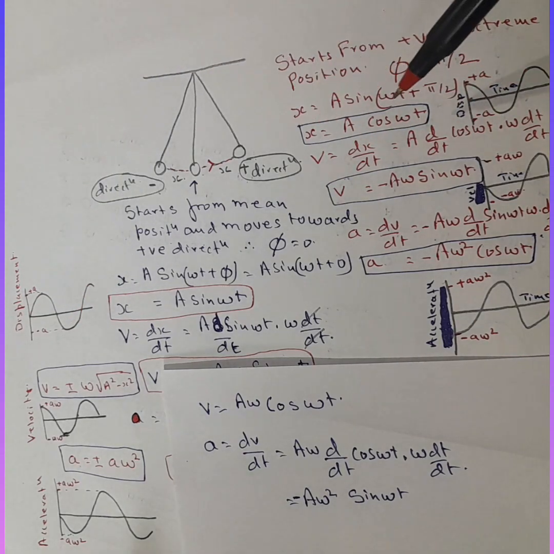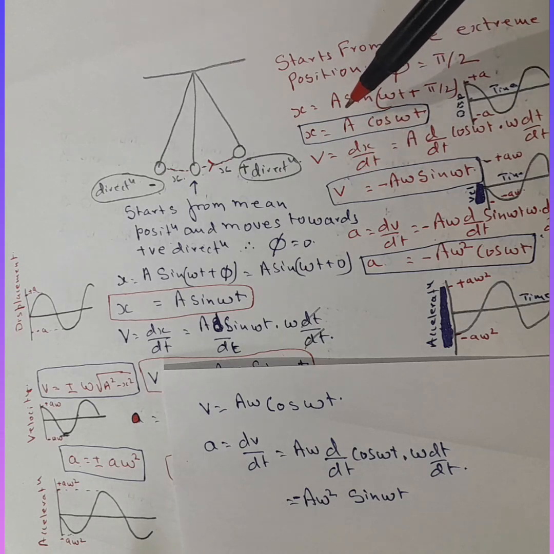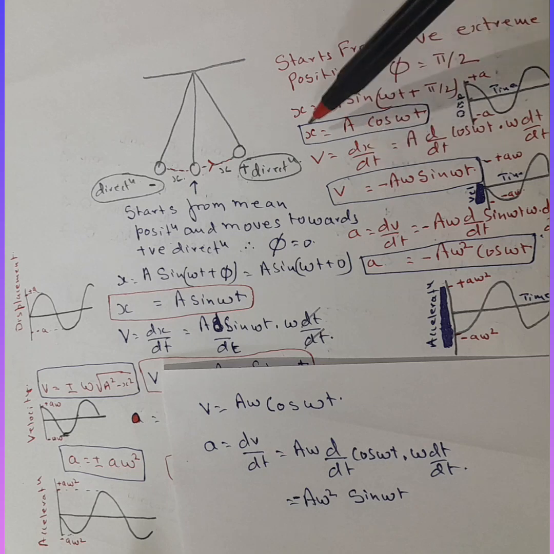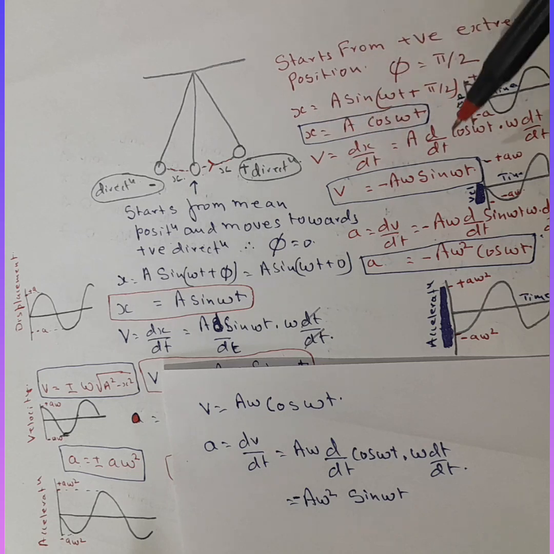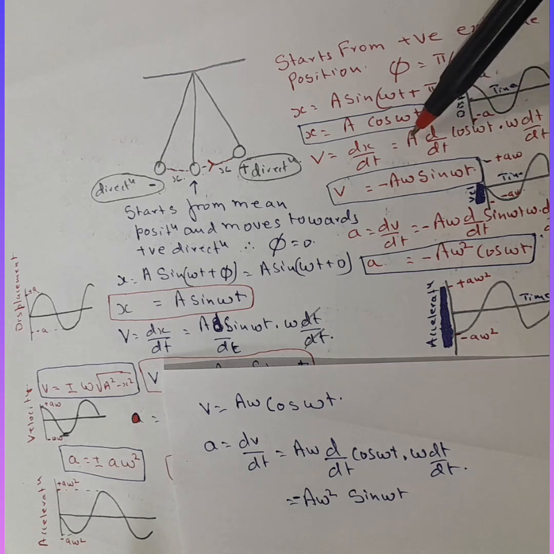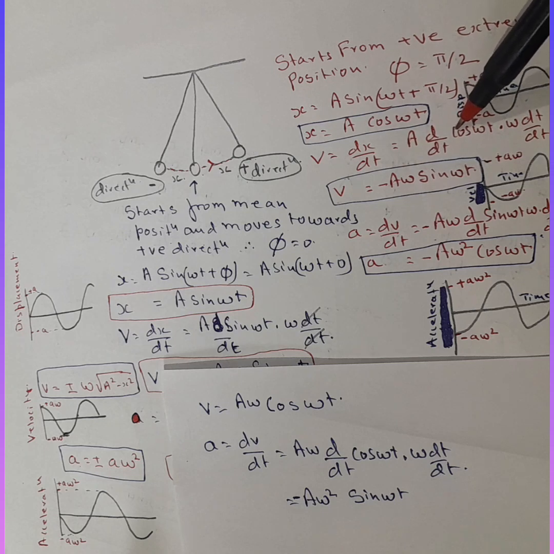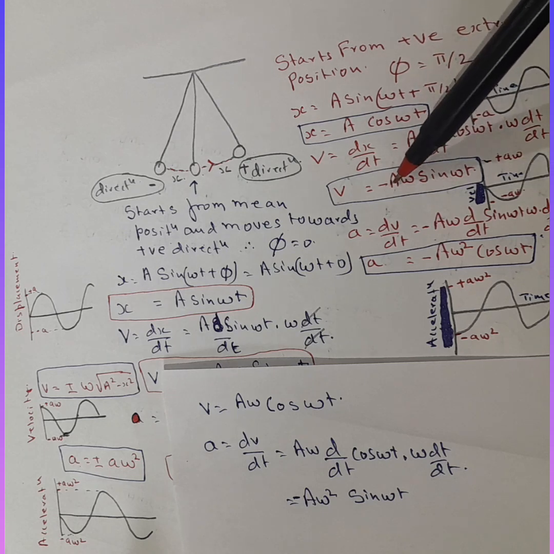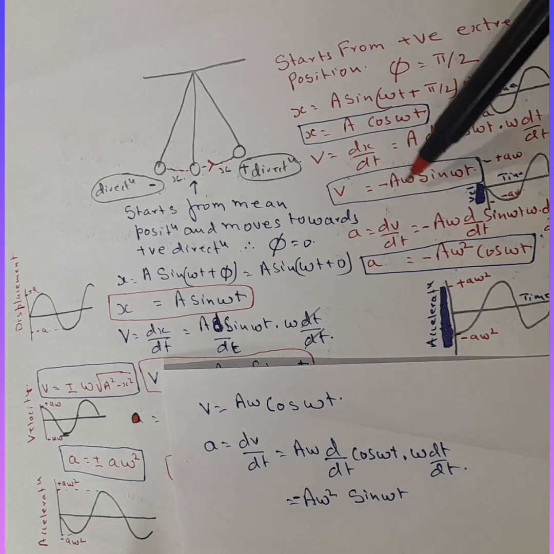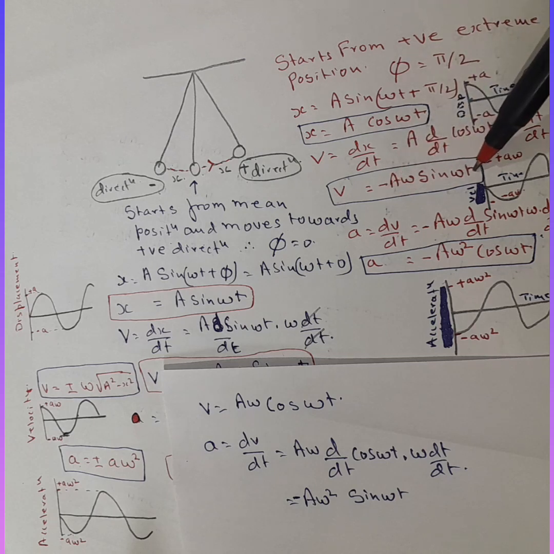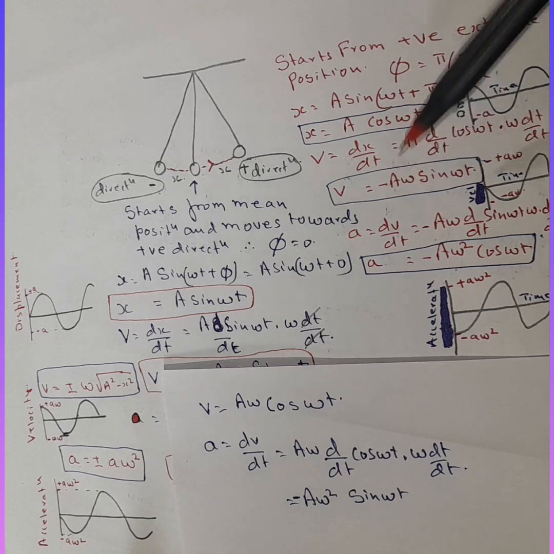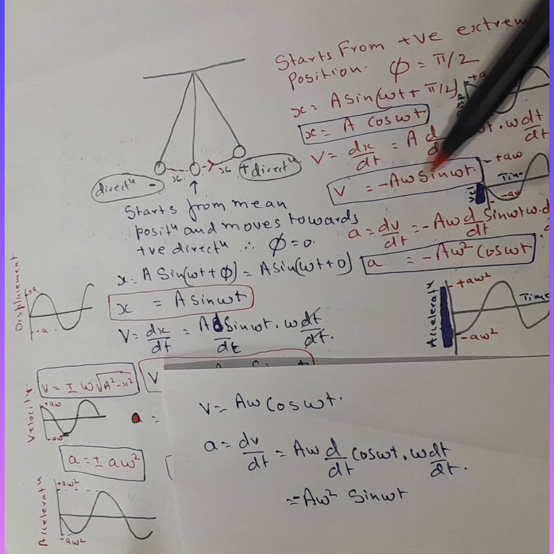Now let's see what happens in case of velocity. We differentiate this again, dx by dt. So it would be a, being constant, out, d by dt of cos omega t, chain rule omega, dt by dt goes away, so this omega comes out. Now mind you, this is cos, so minus, and this omega is here, so minus a omega sine omega t. Now velocity becomes a negative sine curve.